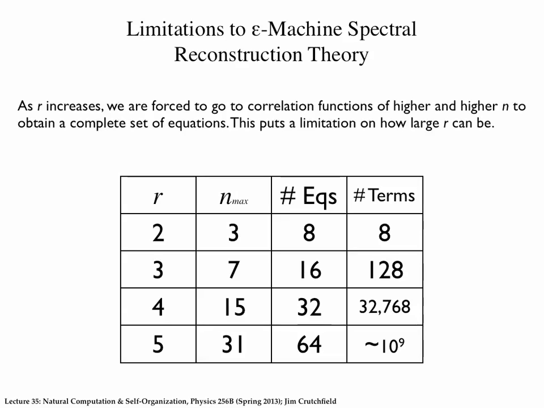This is growing as the exponential of an exponential, and that is not ultimately scalable in today's world. We hope that there's a better way to do it than this reconstruction process.